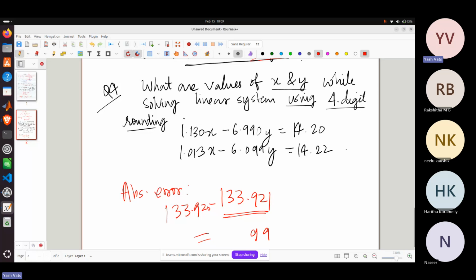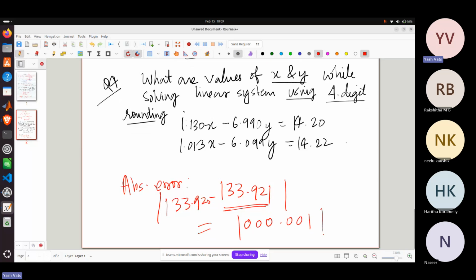Because it's absolute, you just take this. Sorry, I think I messed up. So it is just 0.001. All right, so that's the absolute error in that case. And sorry for the noise disturbance.